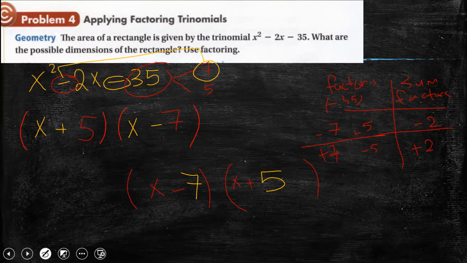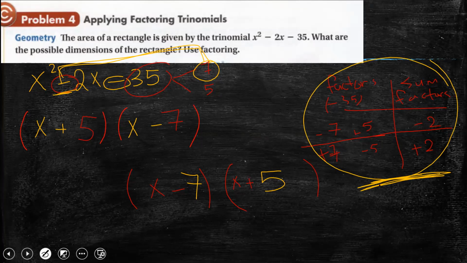Then I ask myself, which is greater? 7. Since 7 is greater, it takes the sign of this number, which is negative. This is the shortest way. If you want to use the factors, I will explain using the table. Sometimes I cannot remember all the factors, so I will use the table.